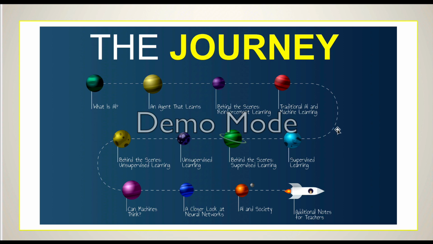What is the difference between traditional AI and machine learning? And then further we'll go on to unsupervised learning, behind the scenes supervised learning, and can machines think? This is a big question: if they're following a path and learning, can machines think in future, and how is it going to be?